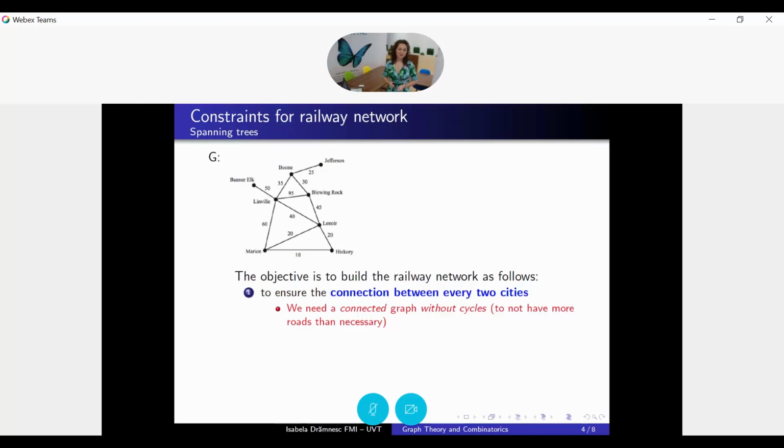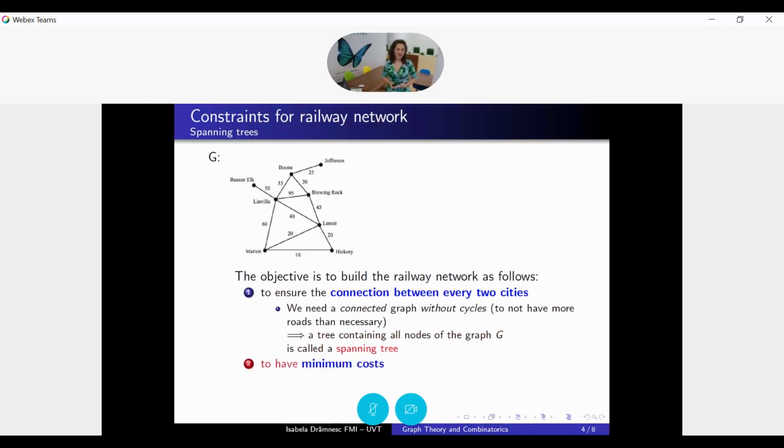This means that we need a connected graph, and in order to not have more roads than necessary, we need a graph without cycles. Now, we all know that a graph without cycles is actually a tree. And a tree which contains all the nodes of the graph is called a spanning tree.